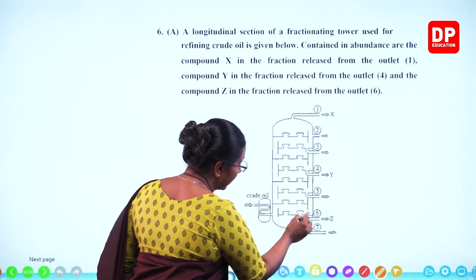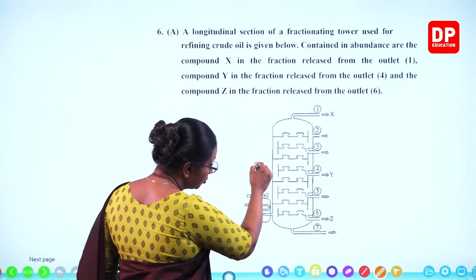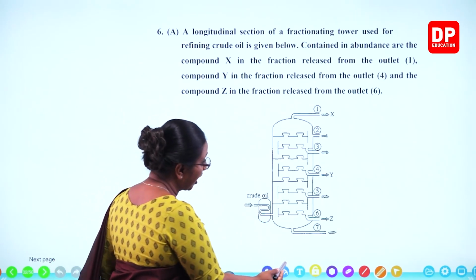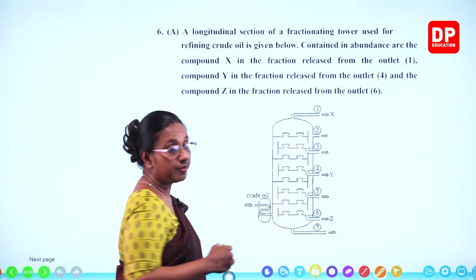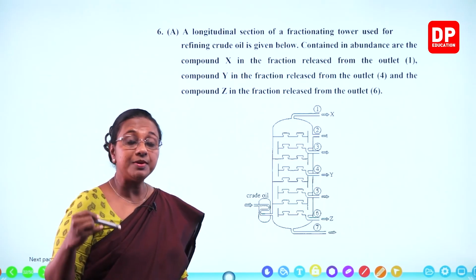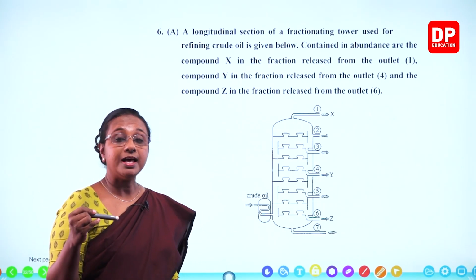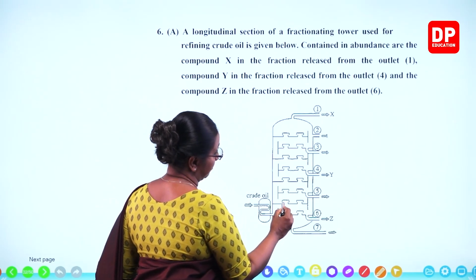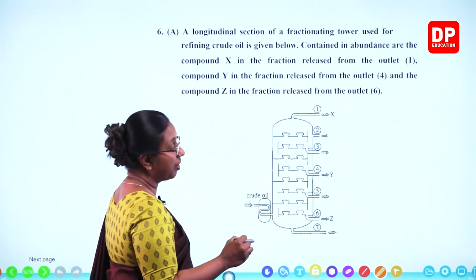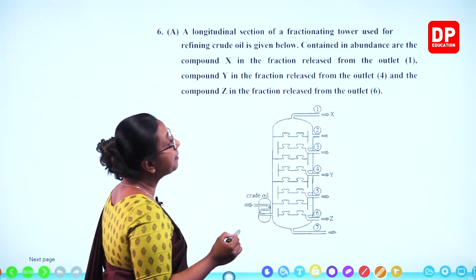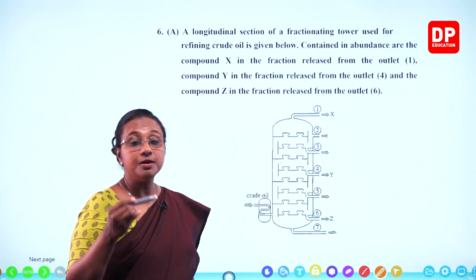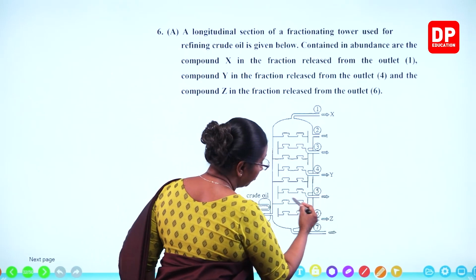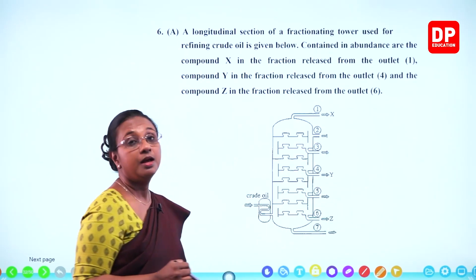Because these are like chambers and the vapor has to move in a particular zigzag pattern, as it goes up from bottom to top, when the vapor moves, the temperature decreases. So the component with the lowest boiling point will go up to the top and will be released from the upper outlet, whereas the components that have high boiling points will come out through the lower outlets.